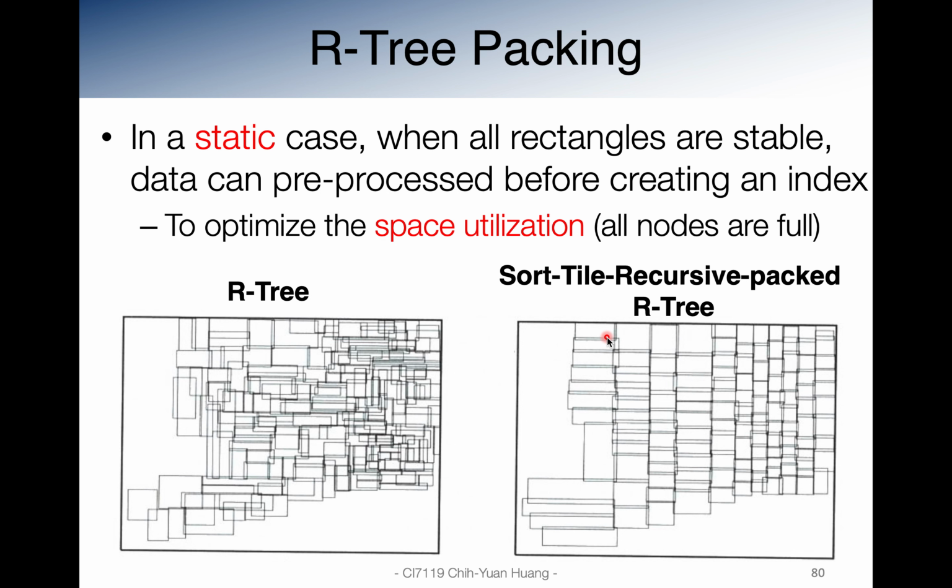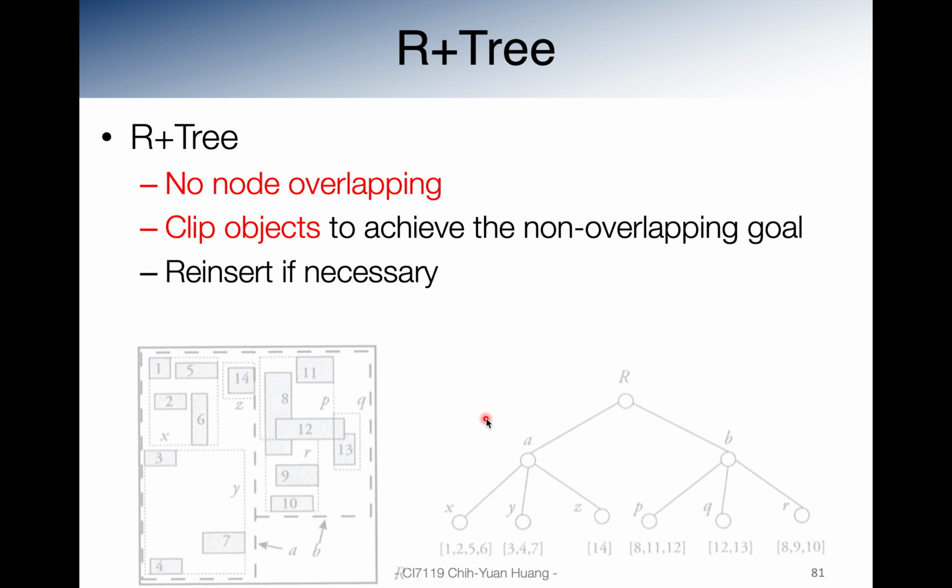On the other hand, the node overlapping percentage is also reduced compared to the original R-tree, so the search performance of this type of tree is also better than the traditional R-tree. Okay, this is one of the variants that I'm going to introduce.